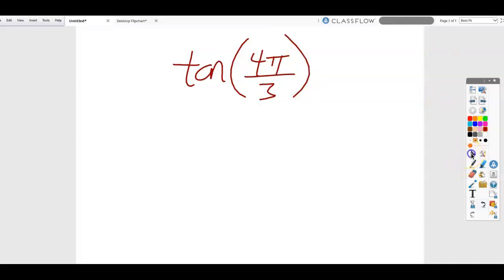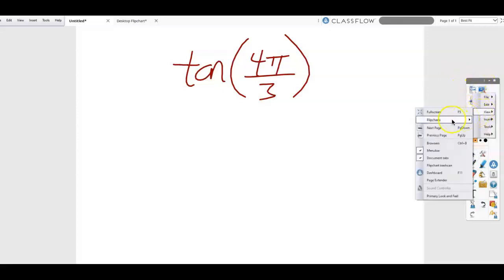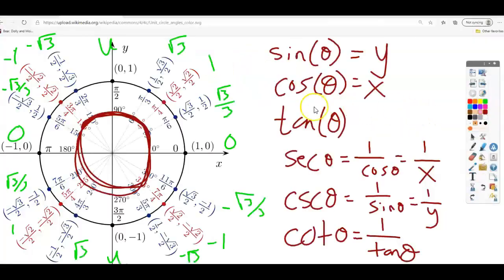So I'm going to find where 4 pi over 3 is on my unit circle. I'm going to find the tangent value that goes with it. So let's do that really quick. So 4 pi over 3 is right here, and the tangent values are the ones that I did in green. They're right here. So the answer to this one would be a positive radical 3.